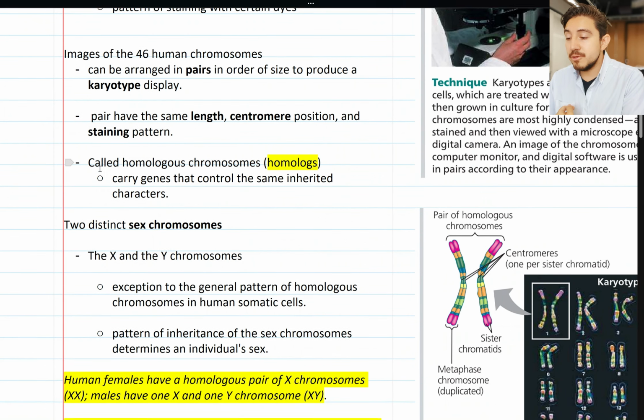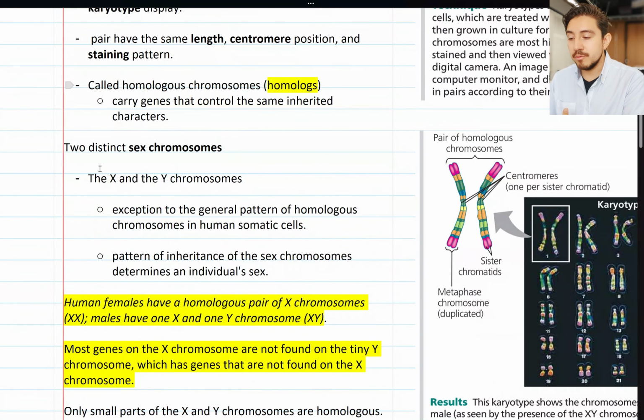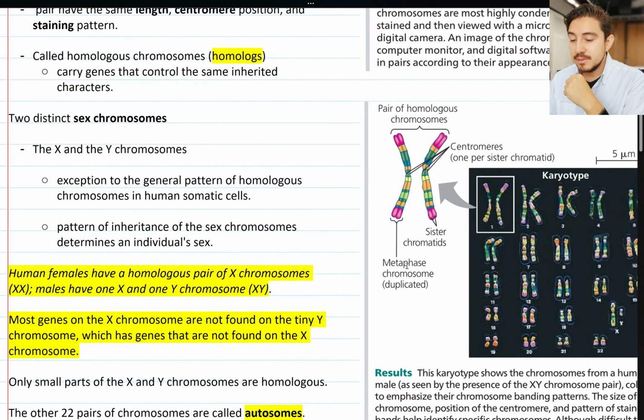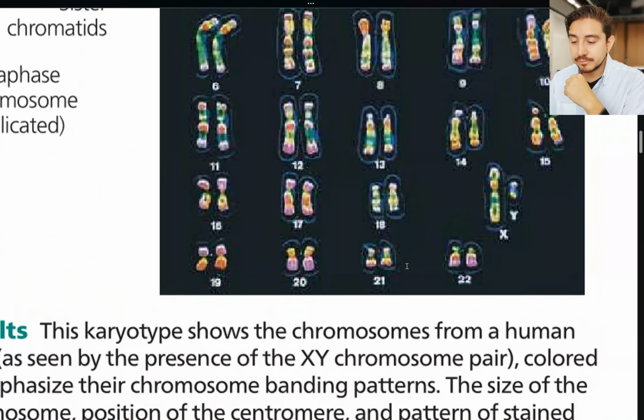And so you have this pairing of chromosomes because they contain similar information, similar genes at the same loci, or locus. The only ones that are really different in the pairing are the sex chromosomes, which are the X and Y chromosomes that you see here at the bottom.